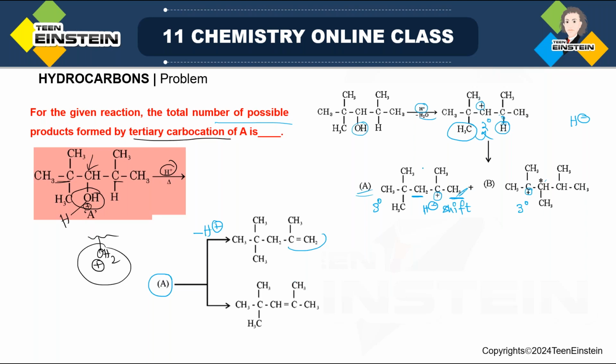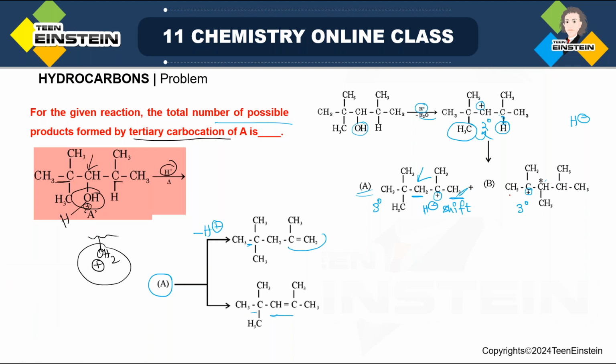And if this right hand side hydrogen from this carbon is removed, you will get a newly generated C=C double bond at the left hand side of this carbocation. Now look at these two. Is there any chiral center? No, there is no chiral center present because this carbon is containing three similar groups. Here also this carbon is containing three similar groups. So only two possibilities.